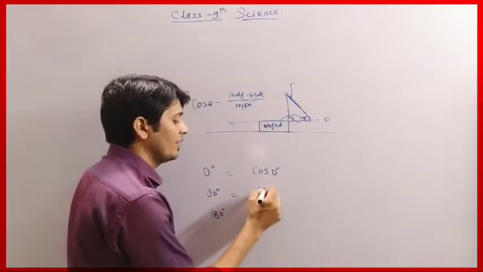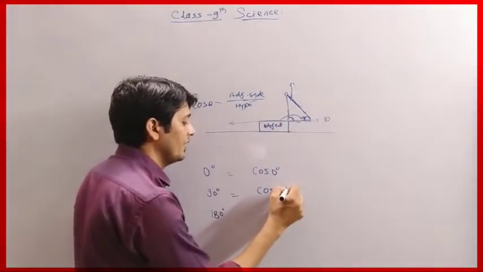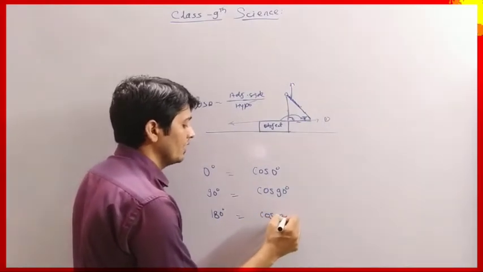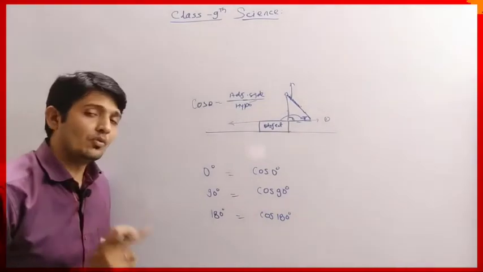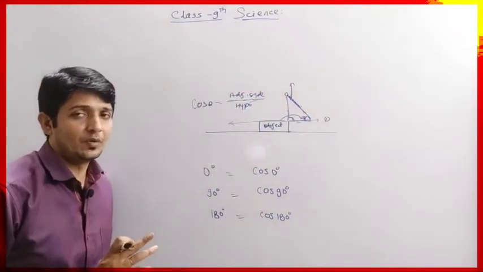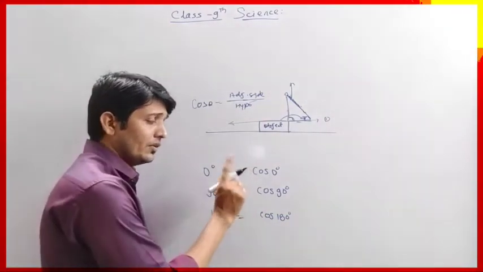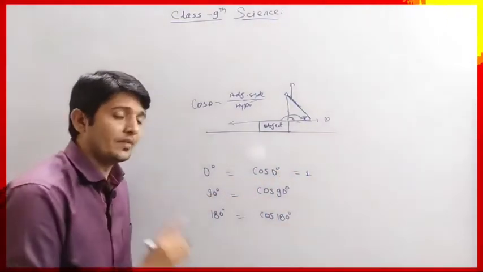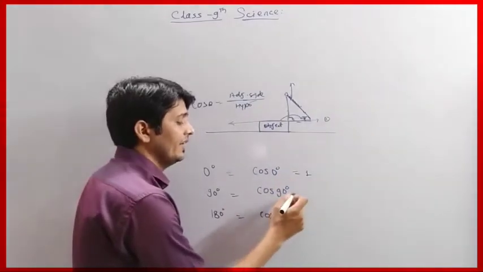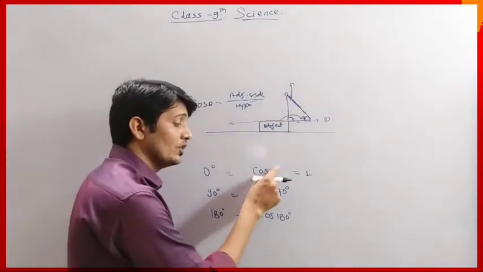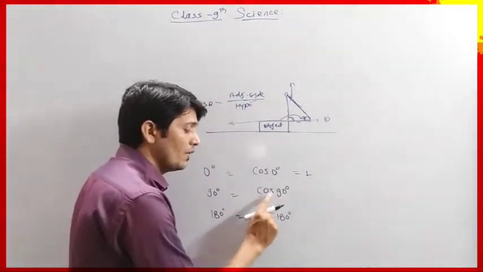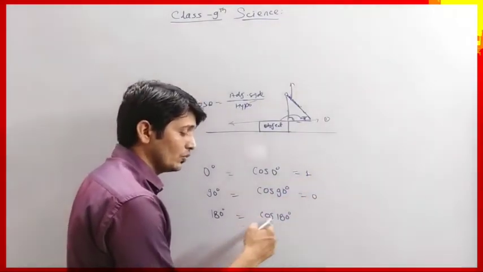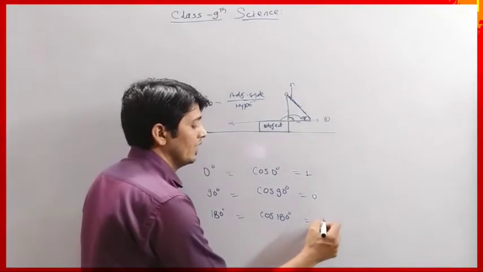Here we write cos 90 degree, and here cos 180 degree. The value of cos 0 degree is 1. The value of cos 90 degree is 0. And the value of cos 180 degree is minus 1.